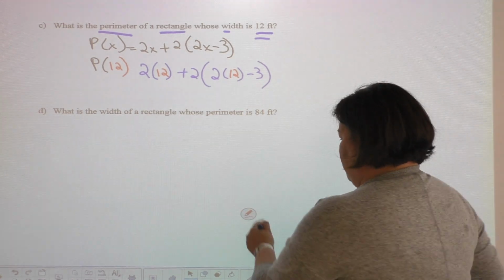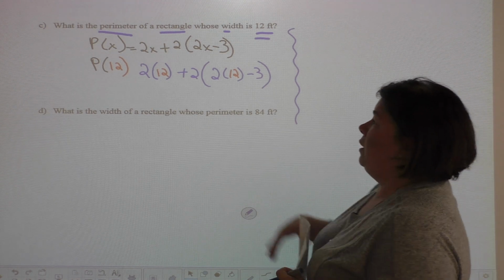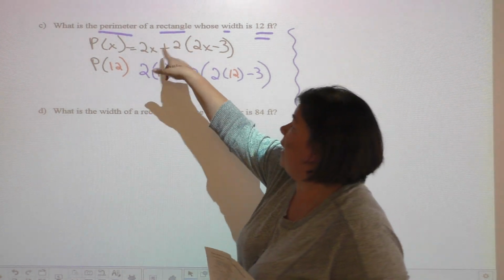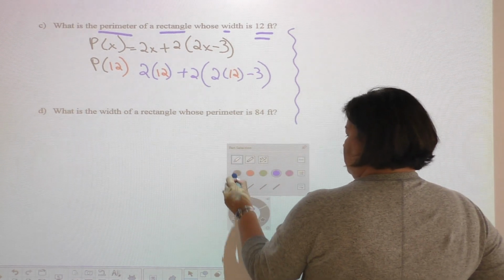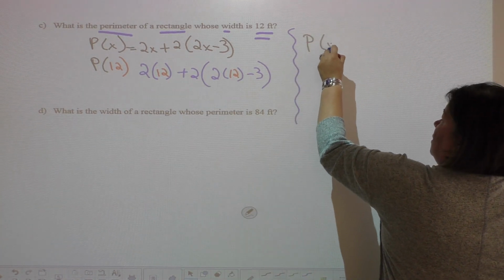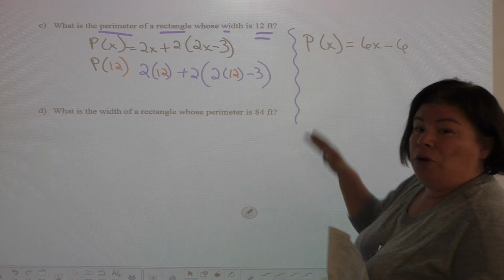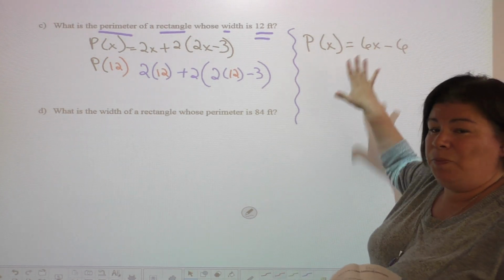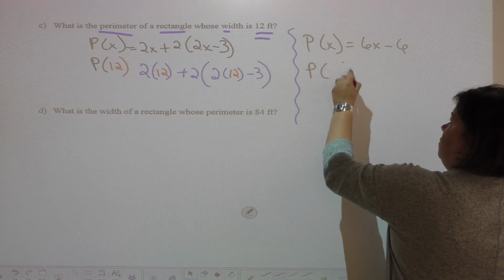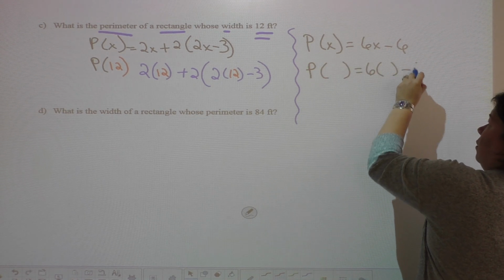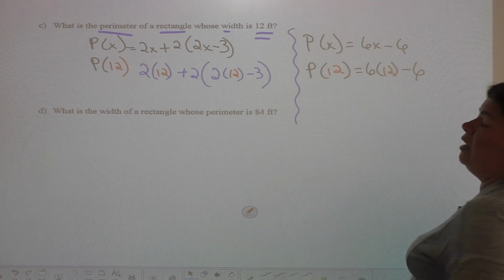The other thing you could have done, I'm just going to really quickly draw a little line here, showing you that if you recall on the other page, I did simplify this function. I did simplify it to p of x equals 6x minus 6. So you could also take a look at it from this point of view. We actually can go ahead and substitute in 12 wherever there is an x. So it is totally up to you.